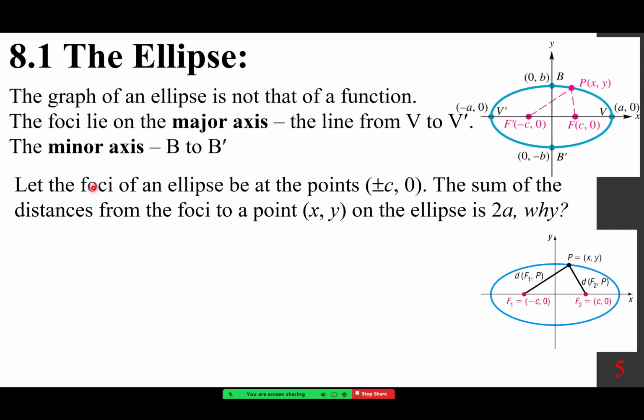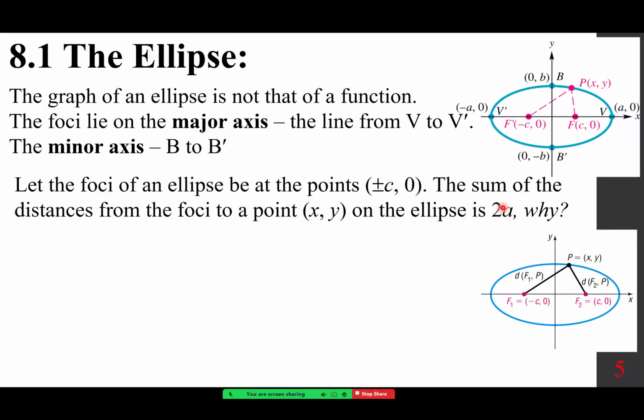Now, let the foci, which is the plural of focus, of an ellipse be at the points (plus or minus c, 0). We look at the sum of the distances from the foci to a point (x, y). So P has coordinates (x, y), and the sum of the distances across the ellipse is 2a. We want to look at that concept.